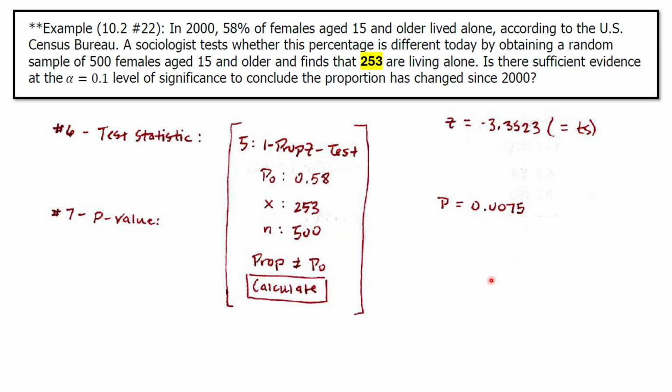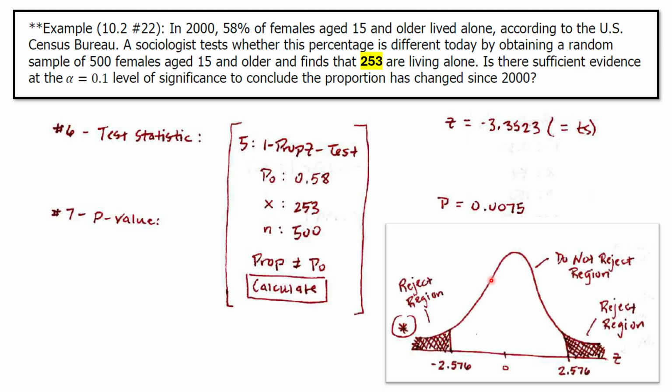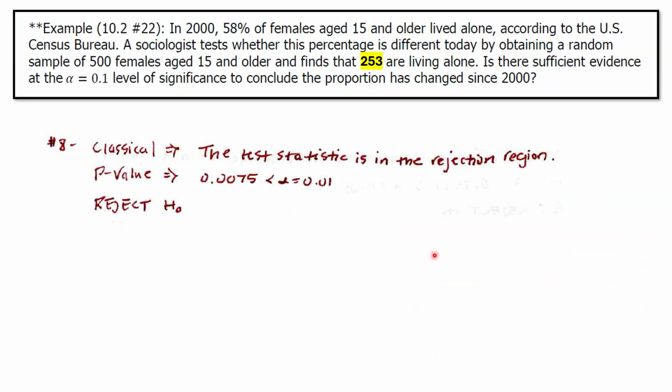Okay, so if we pull up our image in step 5, we'd see here that our number is actually larger in magnitude than our critical value. So it lands in the rejection region. Okay. So now what is our decision? Using the classical approach where we compare our critical value and test statistic, we find that the test statistic is in the rejection region.